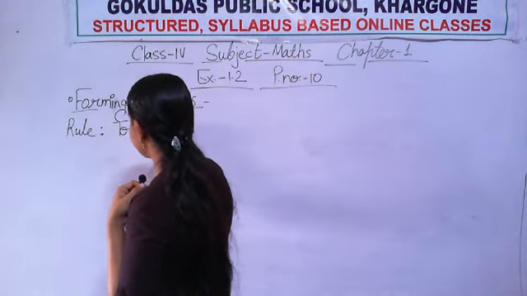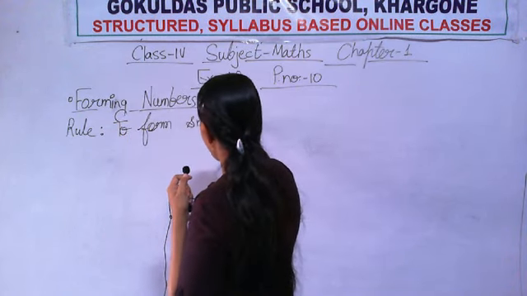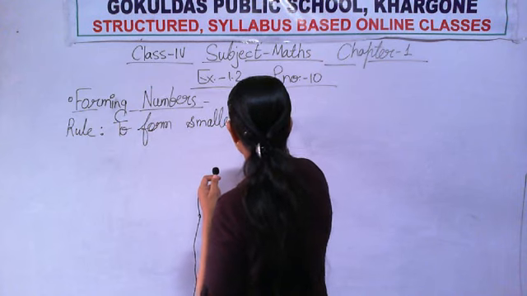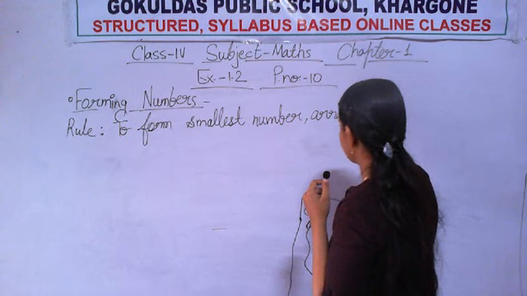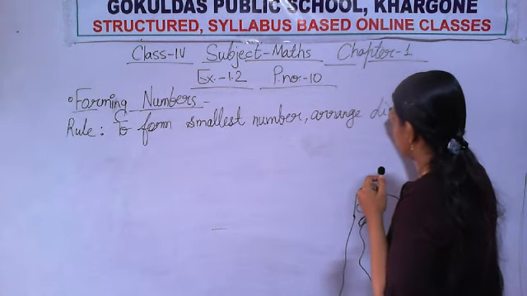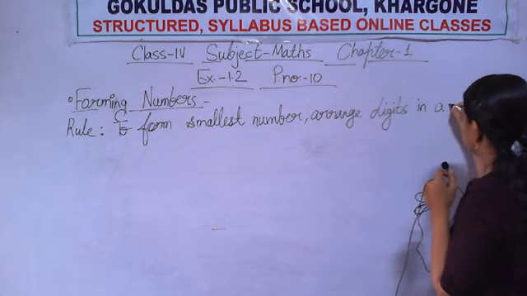To form the smallest number, arrange digits in ascending order.